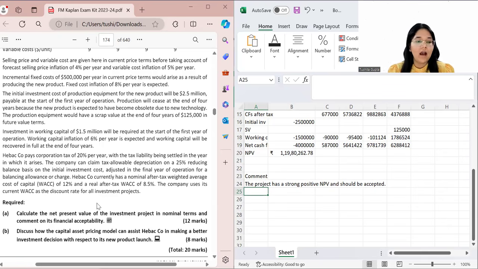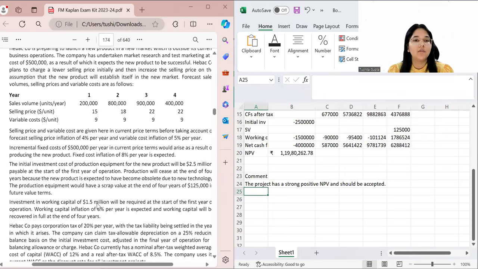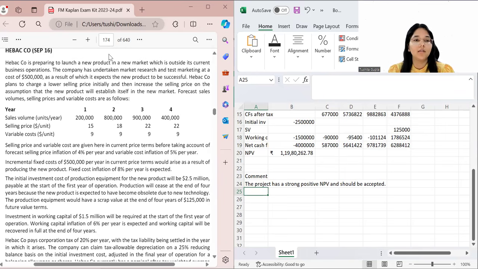So basically, how you can explain this for an 8 marker requirement is, first you talk about how the WACC will only be useful if the business risk and financial risk are remaining the same. But in case the business risk is changing, the CAPM model should be used. And then you explain the steps briefly, that you first take a proxy company which deals in the business which you are venturing into. So let's suppose over here we are getting into a new product which is outside our business operations.